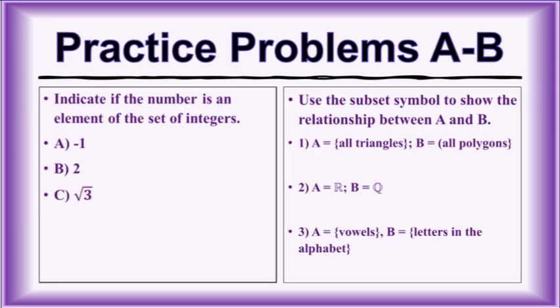Next one, indicate if the number is an element of the set of integers. We're going to do the same thing, just we're going to be dealing with integers here. So -1, it is an element of the set of integers, because integers are positive and negative whole numbers.